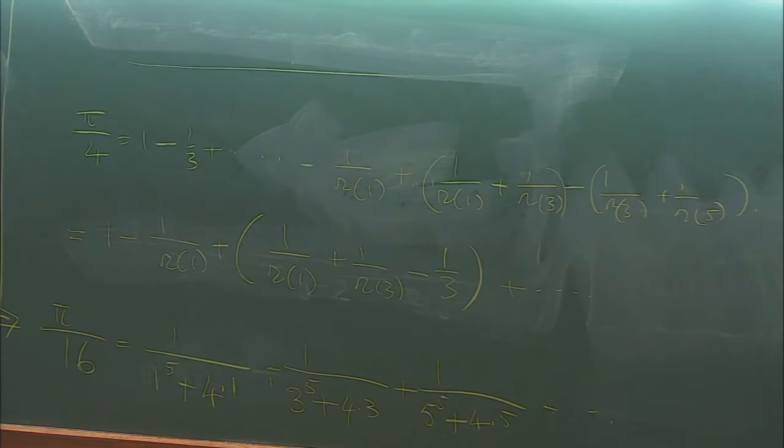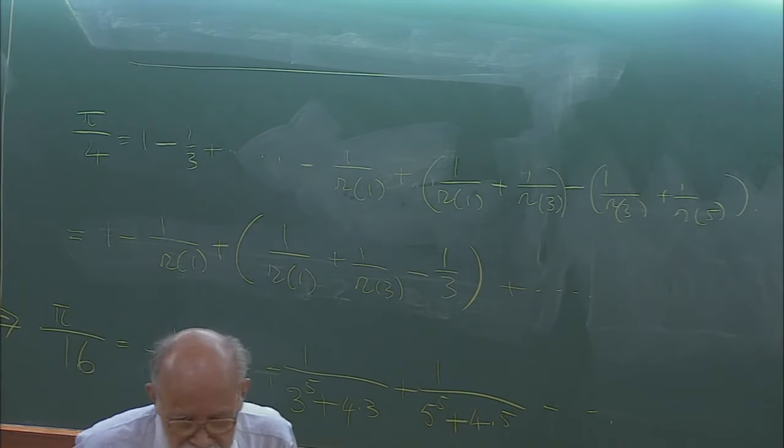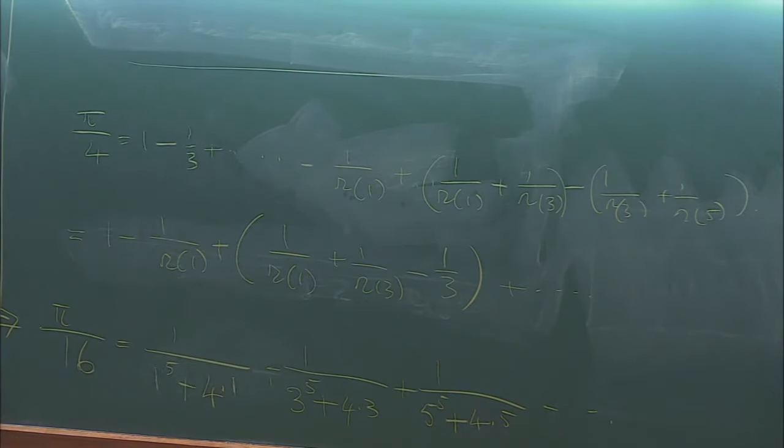Tambiran and Iyer have used this series to estimate pi. 50 terms will give you, as you expect, 11 decimal places, 12 significant figures.